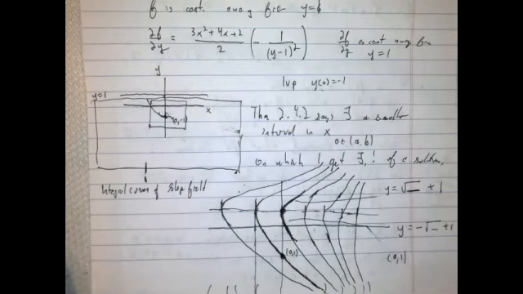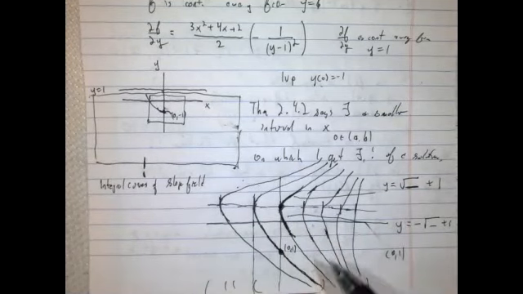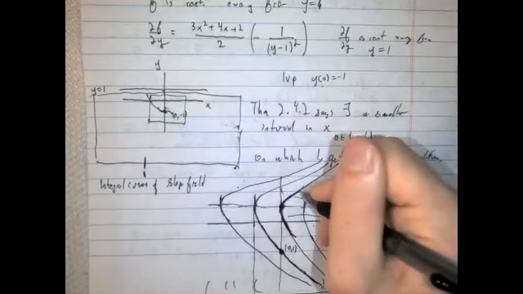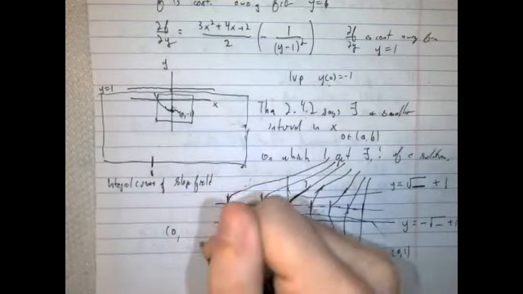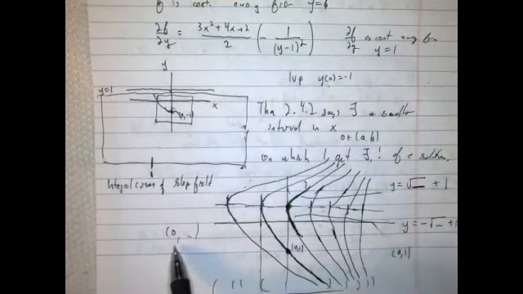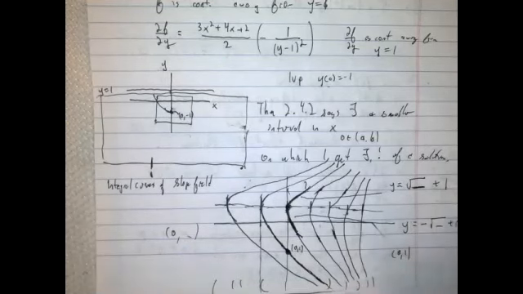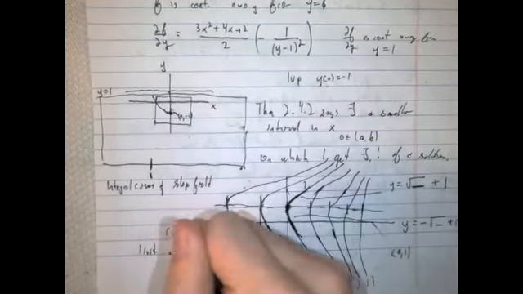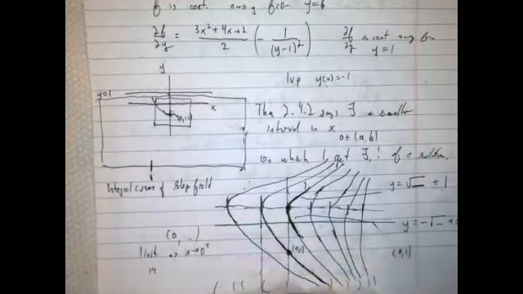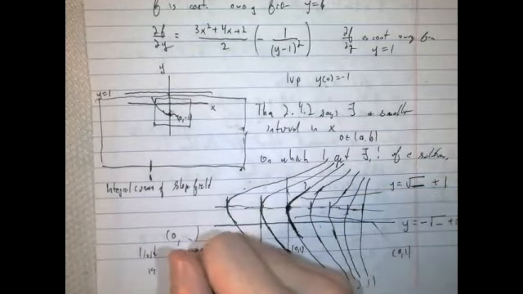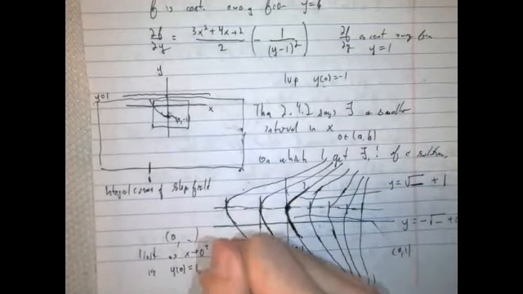Technically, I'm fudging a little bit here. What this is, is a solution which is differentiable on the open interval 0 to whatever. So it's differentiable here, and it satisfies the differential equation on this open interval. And its limit as x goes to 0 from above is our y of 0, which is equal to 1.